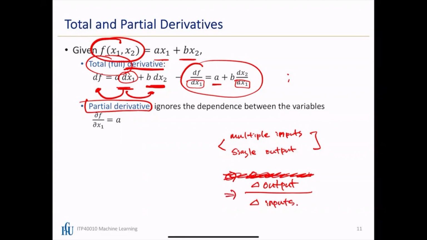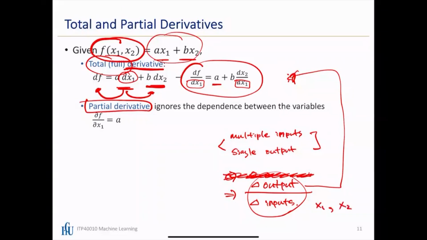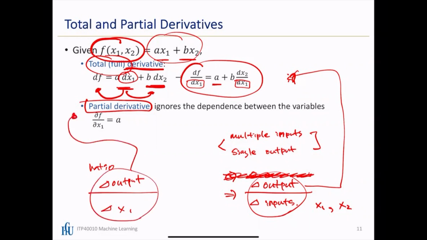If you want to consider all different unknowns in the input space, then that corresponds to the total derivative. But in the example here, we have two unknowns. Maybe we want to measure the ratio between output and only one of the unknowns. And that corresponds to the definition of partial derivative. And this is what we use much more often.